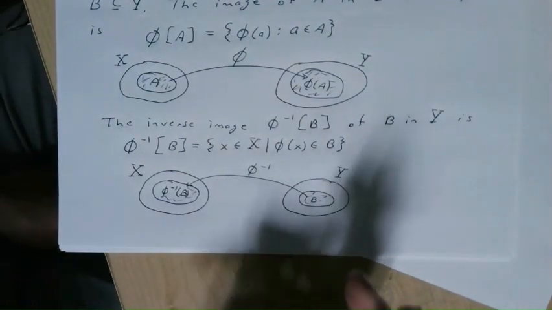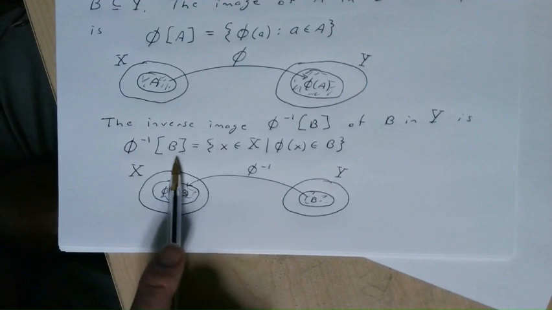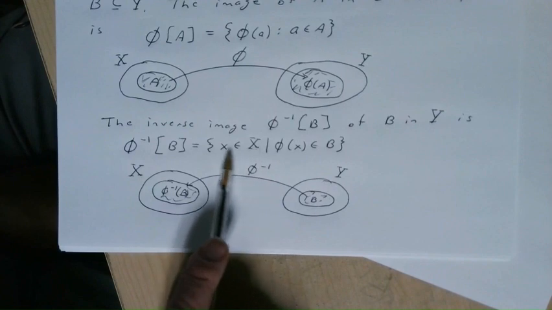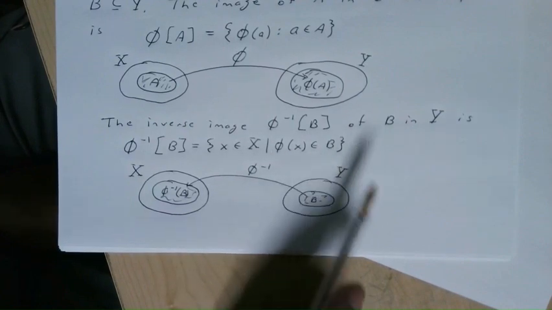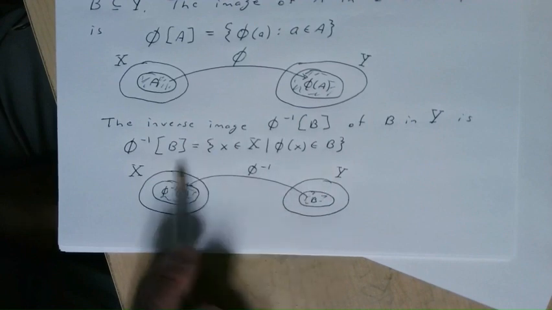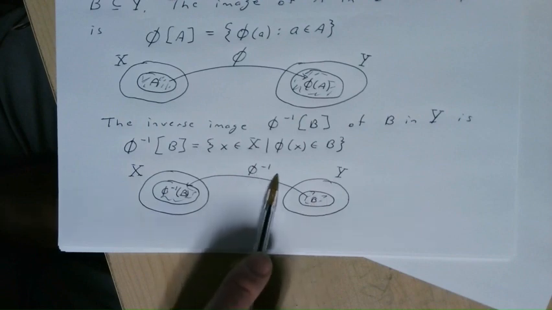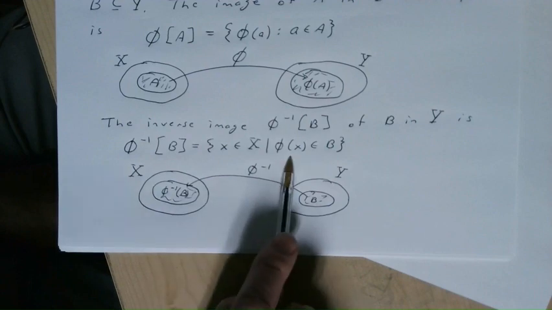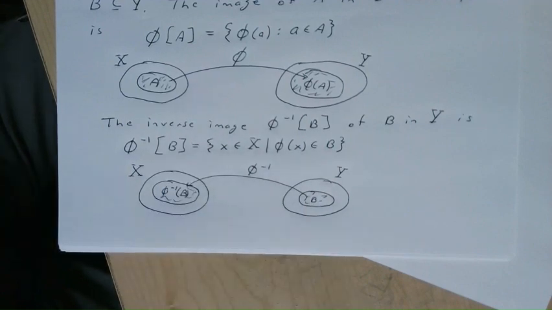So again, if we look at the definition, those are values in X such that phi of X was in B. So if you have a set B over here, phi inverse of B are going to be those values in X that produced values in the set B.